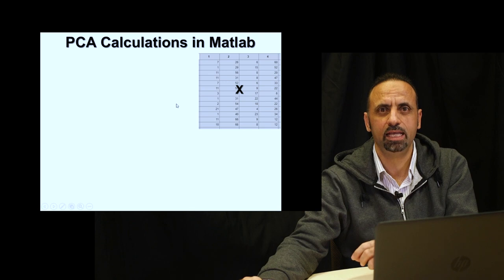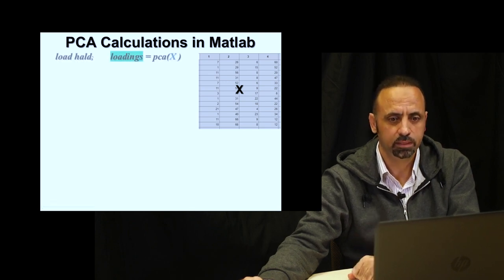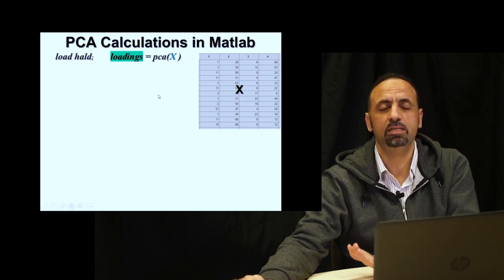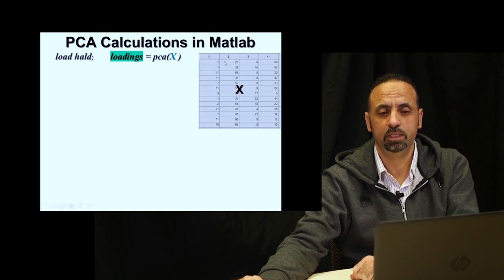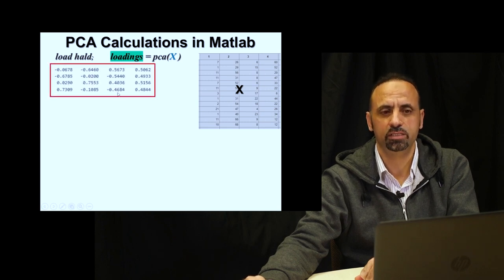So how do you calculate the principal components in Matlab, for example? If you have this data, you can do it very simply. Just put in your data, okay, and then go to Matlab and write PCA. So I have the data in Matlab, I write PCA, and Matlab will give you these coefficients.